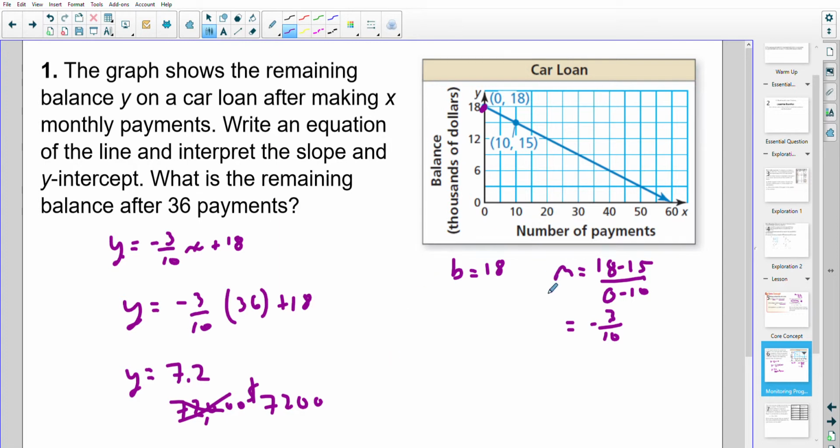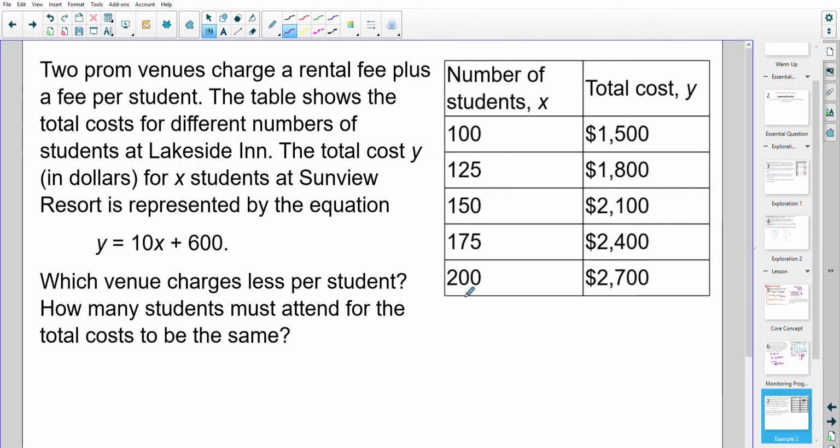All right, so now the question is, what happens if you have just information in a table like this? How do you get the equation? Now, you can see that this is going up by 300 each time, and this is going up by 25 each time. First of all, you can get your slope, which is going to be constant in here.